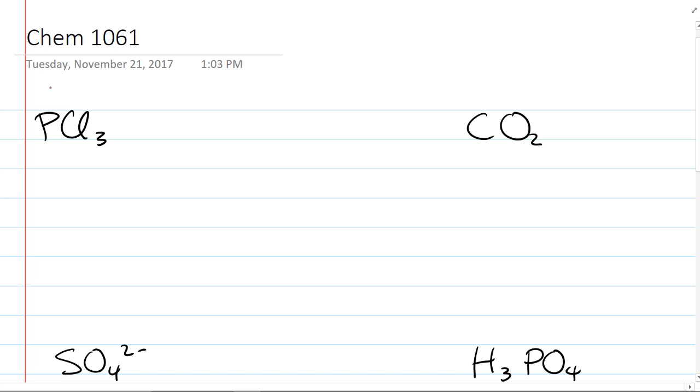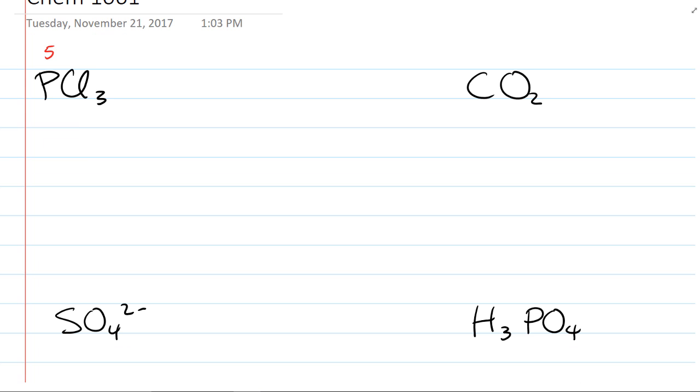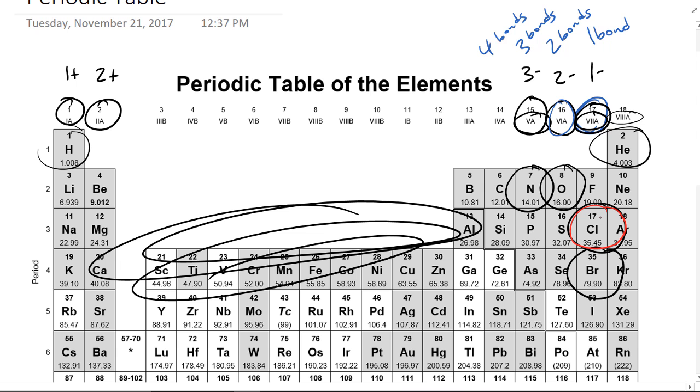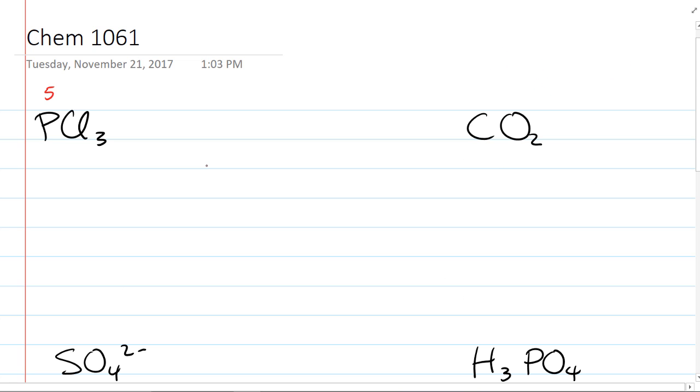Phosphorus will have how many? 5. Chlorine will have how many? 7. And how many chlorines do we have? 3. So 3 times 7 is going to be 21, plus 5 is going to give us 26. So that means our model should have 26 valence electrons altogether when we're finished.